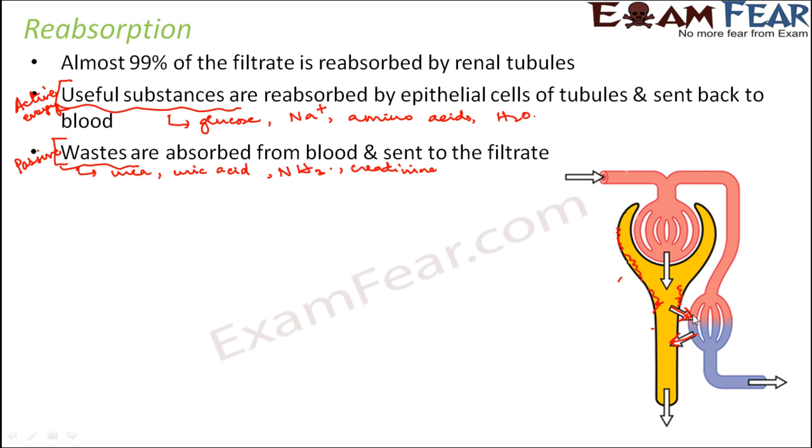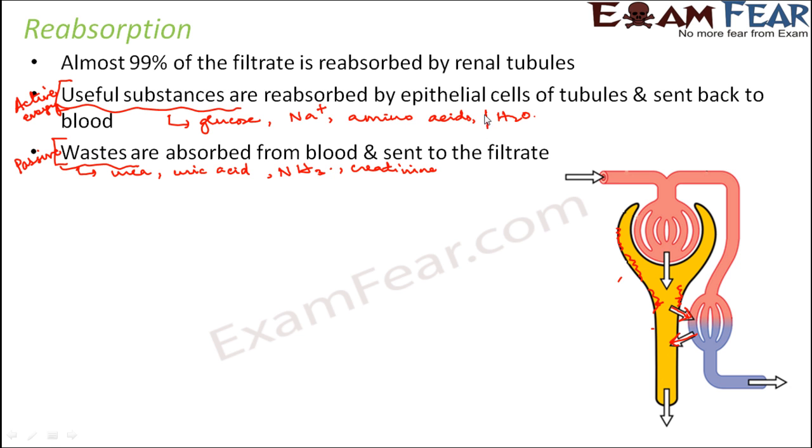The wastes will move from the blood capillaries into the epithelial cells of the tubules, and then from the epithelial cells they will be put into the filtrate. Once these epithelial cells get the waste products, they will secrete them into the filtrate. That is how the wastes will be transported.